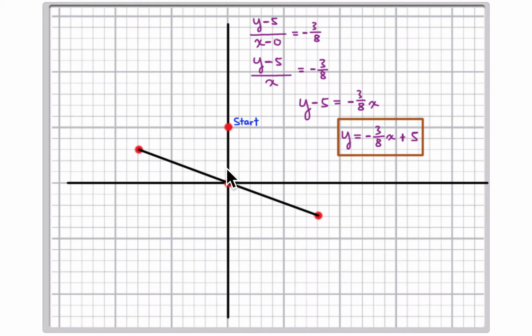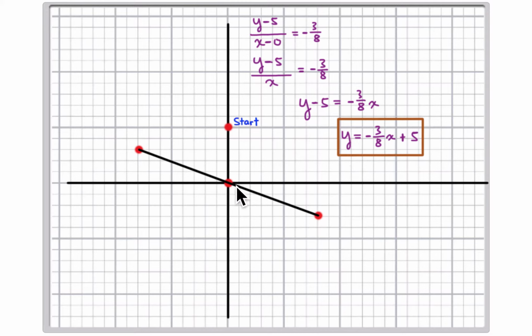And then we're going to place 2 points based on the slope, in both directions. So the slope is -3/8. Right now we're working with just this part of the equation, y equals -3/8 x, just the proportional part of this equation.